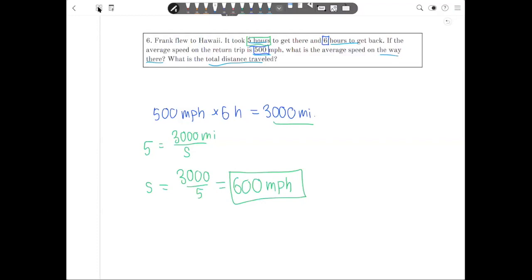Okay, so the total distance traveled is 3,000 on the way there, 3,000 on the way back, so 6,000. These are our answers, 600 and 6,000. Any questions?